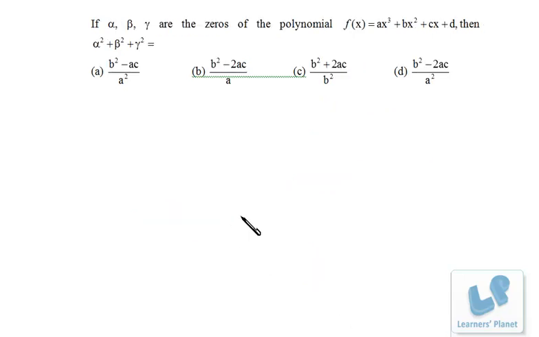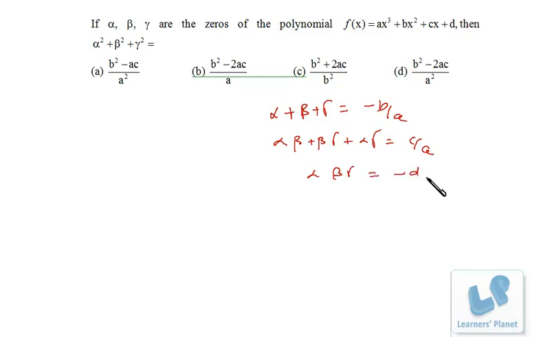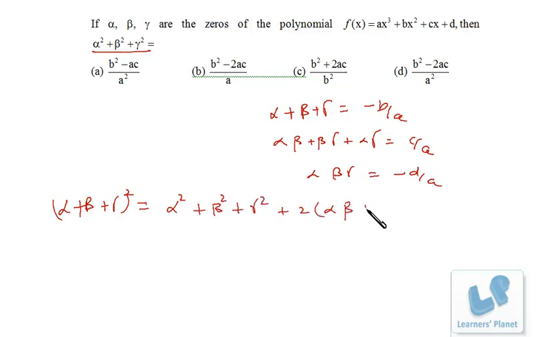Quite easy. Further, in this problem, alpha, beta, gamma are zeros. So alpha plus beta plus gamma is minus b by a, alpha beta plus beta gamma plus alpha gamma is c by a, and alpha beta gamma is minus d by a. Now we have to find the value of this. So what I do is find alpha plus beta plus gamma whole square, and that's alpha square plus beta square plus gamma square plus 2 times alpha beta plus beta gamma plus alpha gamma. Now this is a relationship that we already know.